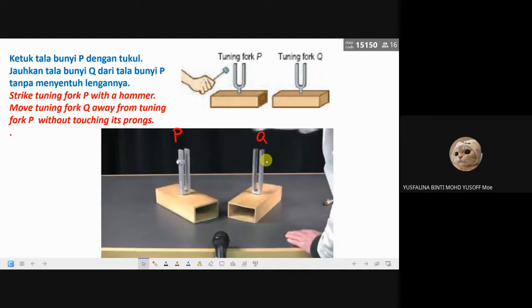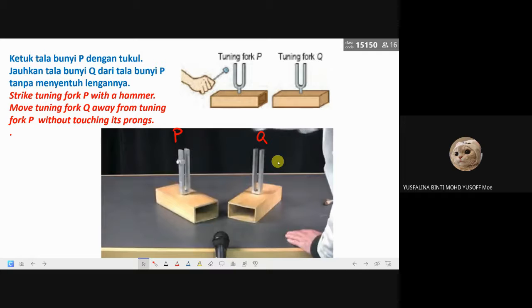Then if I put the weight on P, now they are not identical anymore, so the frequency of P is not the same as Q. When I strike tuning fork Q, I will see that there is no sound produced by P, because they are not at the same frequency anymore.